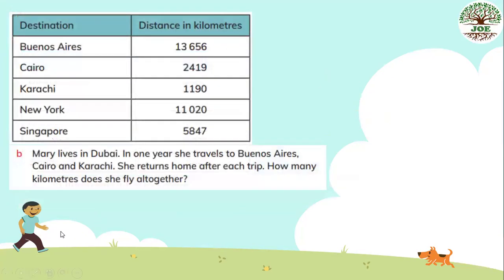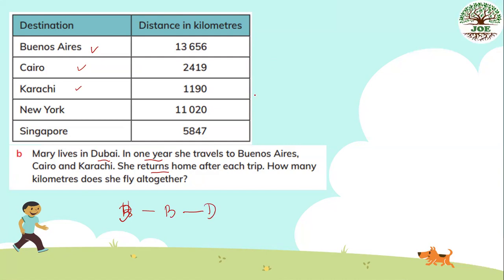And for part B, Mary lives in Dubai. In 1 year, she travels to Buenos Aires, Cairo, and Karachi. She returns home after each trip. So from her home, it is Dubai to Buenos Aires and again to Dubai.